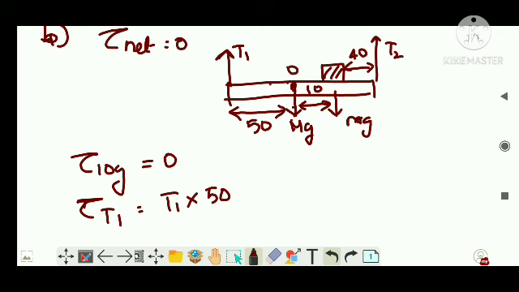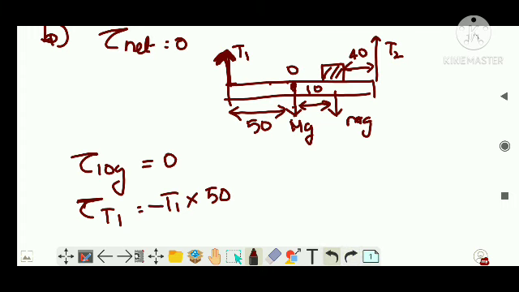Clear? Now the problem is whether it is plus or minus. Tell me which direction this is going to rotate. Due to T1 it will rotate in this direction, that is clockwise, right? Clockwise rotation, remember, is negative, so I will write it as negative.